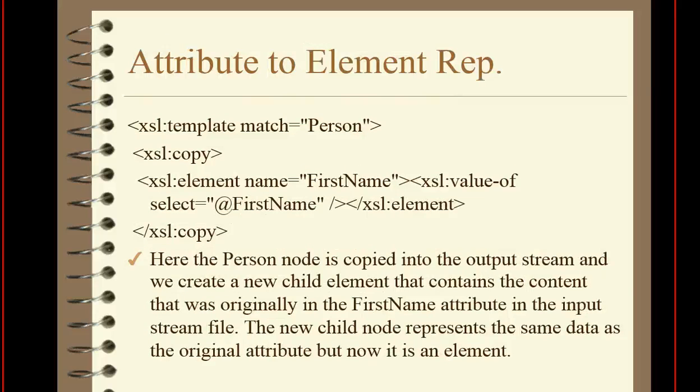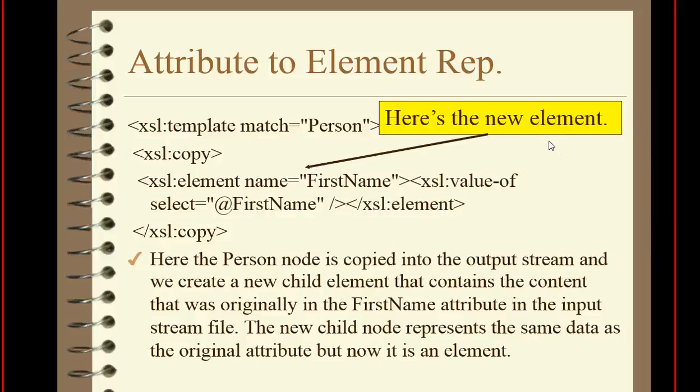Okay. So here's how we go the other way around. If I have an attribute in the source XML and I want to output it as an element, I have an xsl:element node that creates a new element, and again I give it the name of the element, and then within the node I put what will be the content. So here you can see the vice versa.